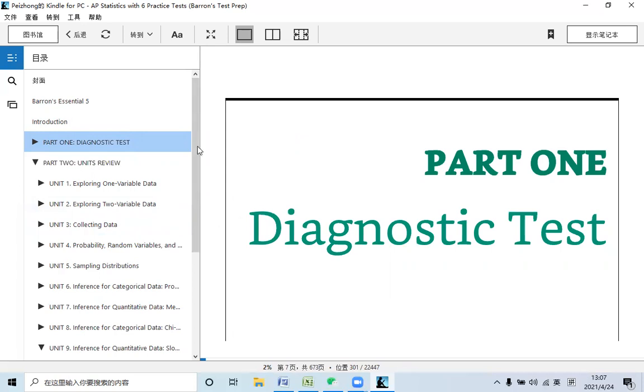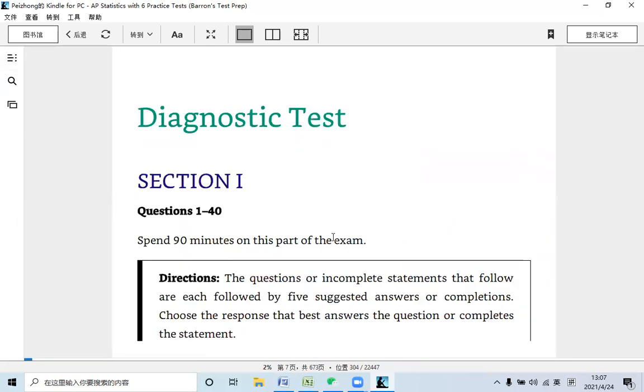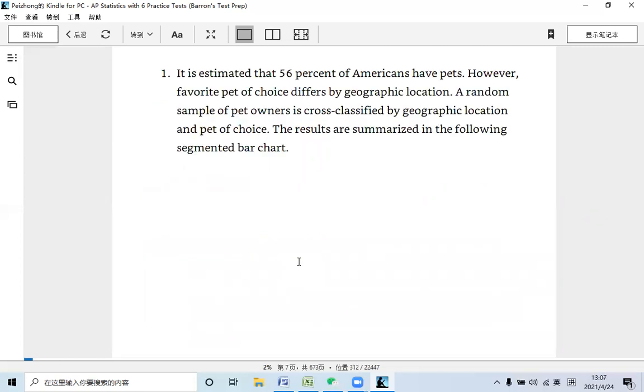And you should keep track of your performance. Let's start with the diagnostic test. All right, for the real task, you have 40 questions on the module twice, and then also free response questions.